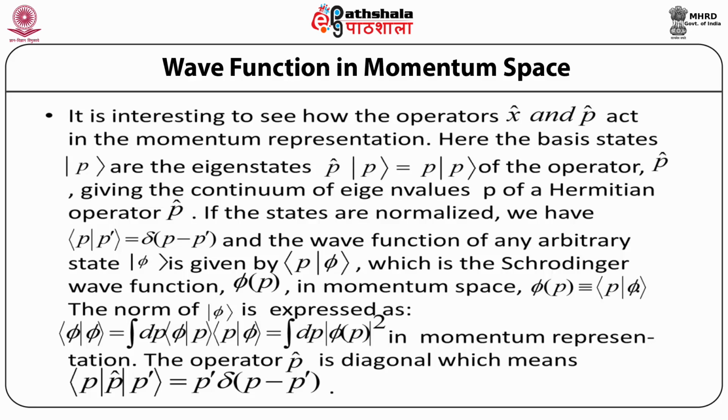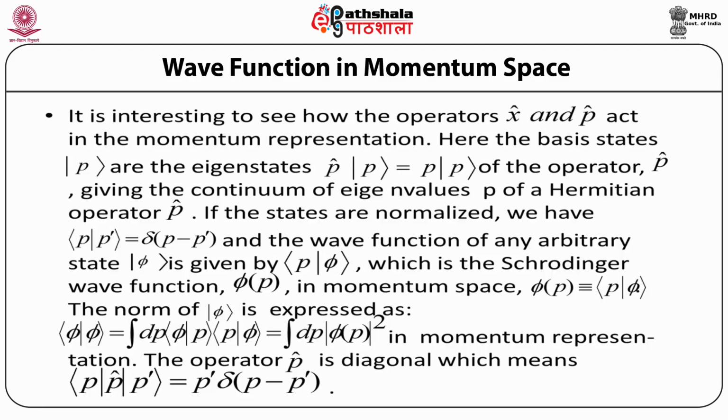The norm of this state φ can be expressed as ⟨φ|φ⟩ = ∫dp ⟨φ|p⟩⟨p|φ⟩ = ∫dp |φ(p)|², the square of the modulus of the wave function in momentum representation.